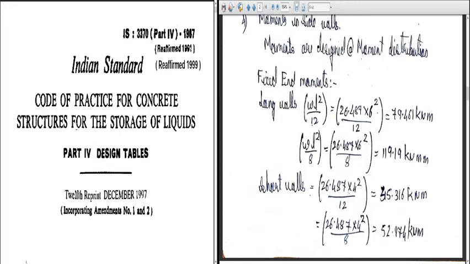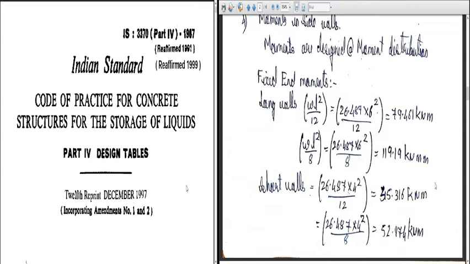So let us calculate. WL square by 12, 26.48 into 6 square by 12, and WL square by 8, 26.48 into 6 square by 8, is working out to be 79.461 kilonewton meter, 119.19 kilonewton meter.